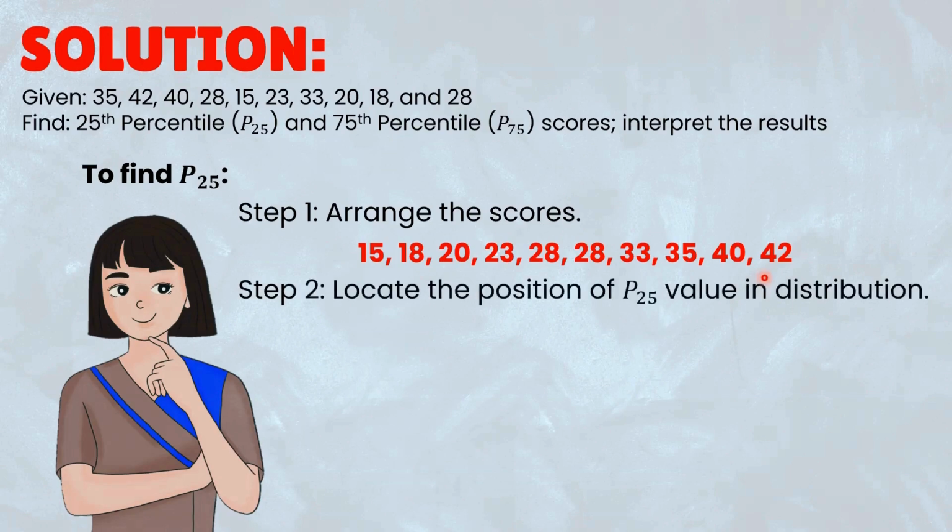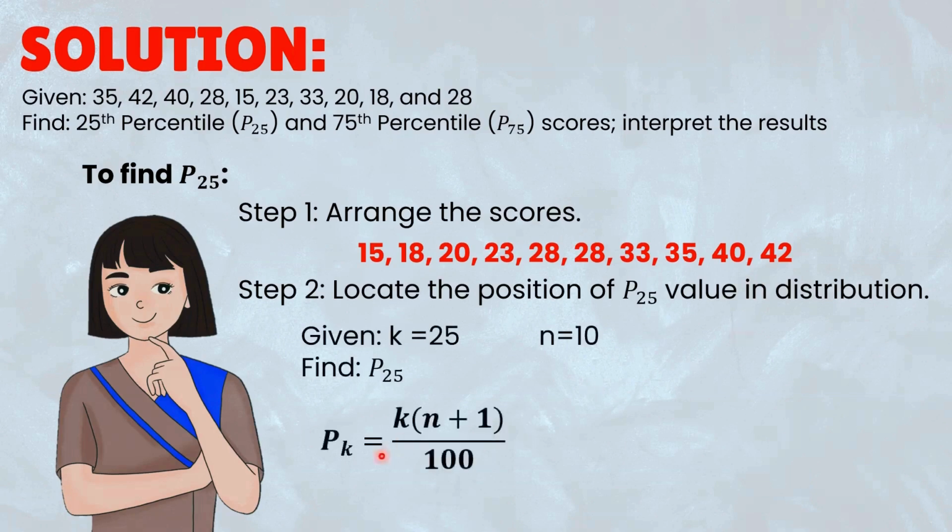Second step, we locate the position of the 25th percentile value in our distribution. Here we will be using a formula. Again, this is our formula for percentile. We're looking for the 25th percentile, so k will be equal to 25, and n is equal to 10 because there are 10 values in our data set.